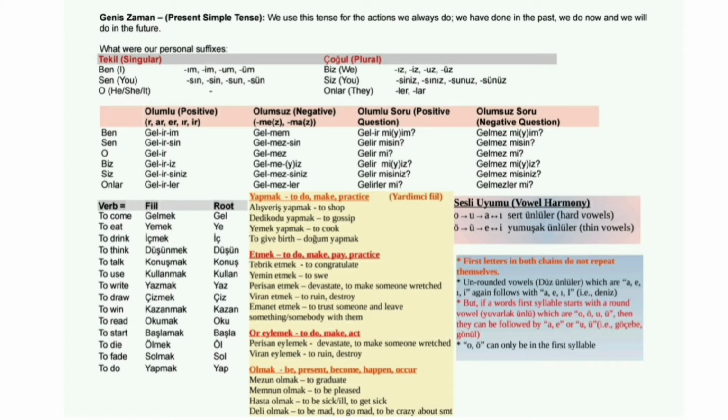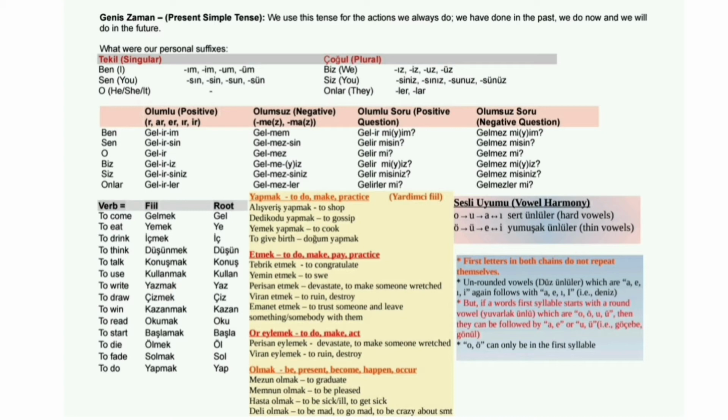But I guess this is just because two vowels are there, because our negative suffix me, ma has the vowel, and then our personal suffix starts with a vowel. But we don't add a semi-vowel between here. I don't know why, but it is just like that. Gelmem. Just memorize this one.